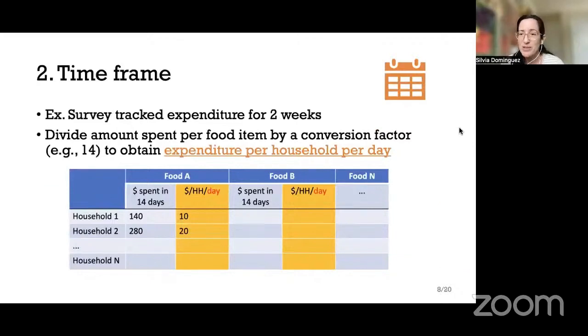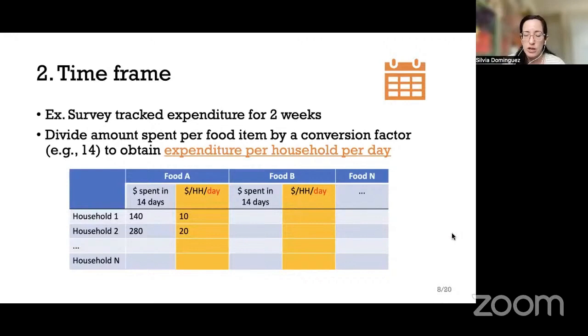Now, the second step is much simpler. Household budget surveys track food expenditure in a specific time frame. So if the survey, for example, is based on a 2-week period, dividing the amount spent per food item per household by 14 will transform the data into a per day basis, which is what we want.